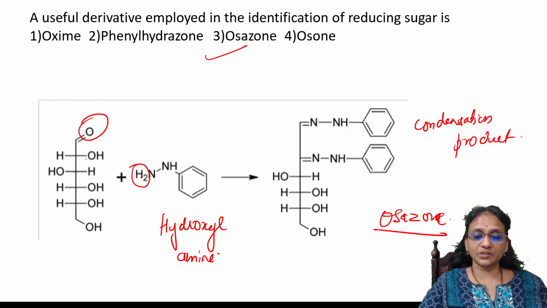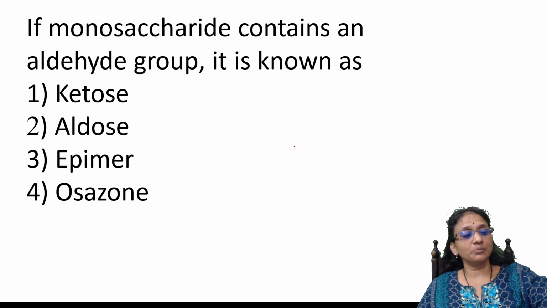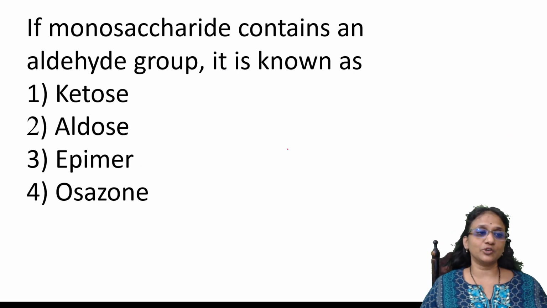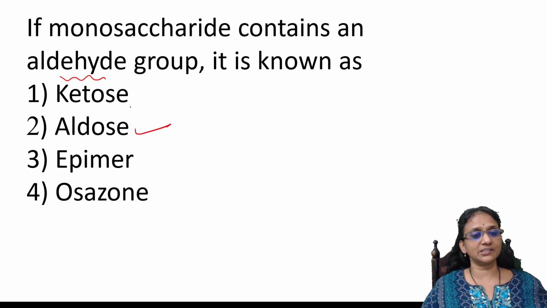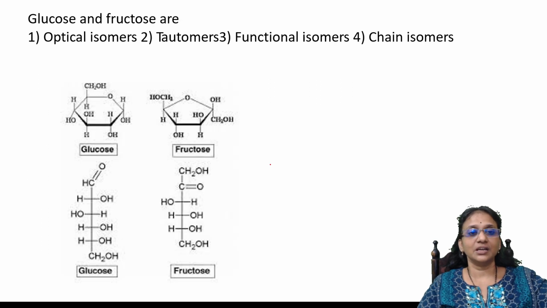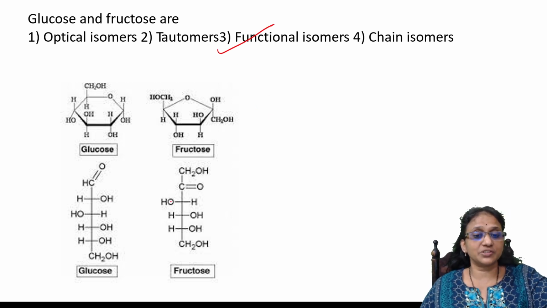The next question is what? A monosaccharide contains an aldehyde group. It is known as, yes. If it contains an aldehyde, it is aldose. If it contains a ketone, ketose. Simple. Next question. Glucose and fructose are what? They are always functional isomers. Why? See here, students. In glucose molecule, you have an aldehyde group.